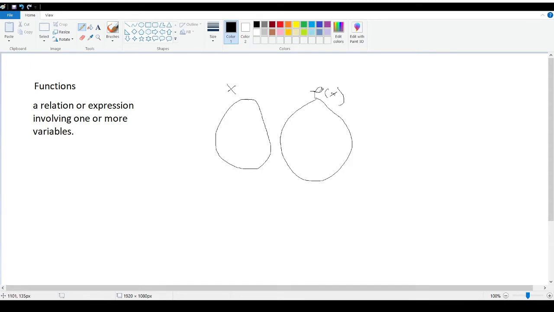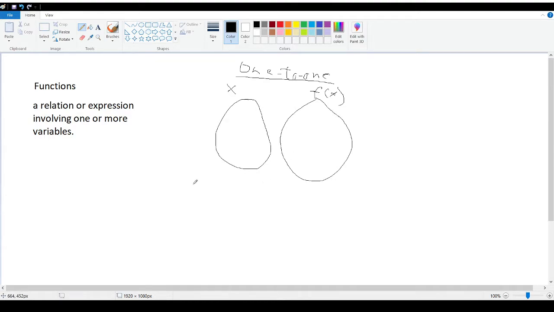The first function we're going to meet is a one-to-one function. A one-to-one function means that when you input one value, the result will be one unique value.